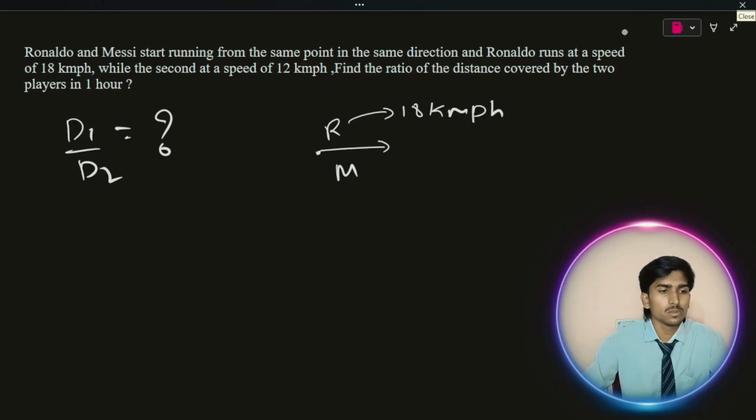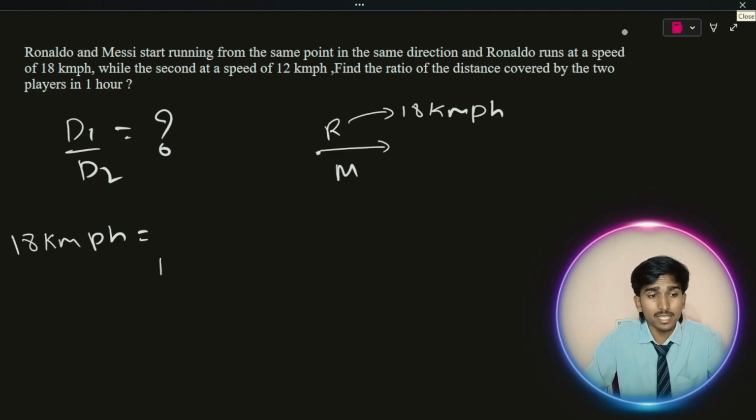I wanted to tell you one thing. Kilometer per hour, for example, here 18 kilometer per hour means Ronaldo is running 18 kilometers per 1 hour. Remember this.